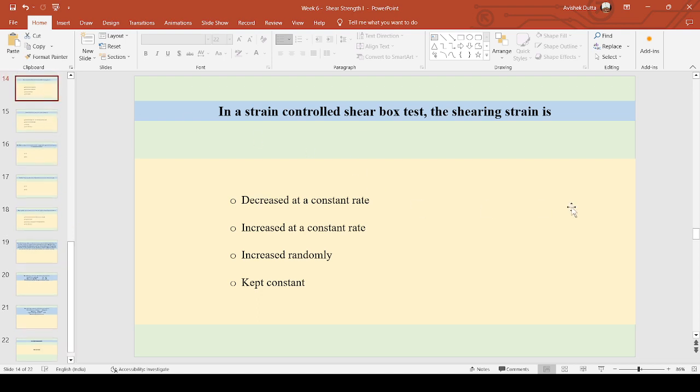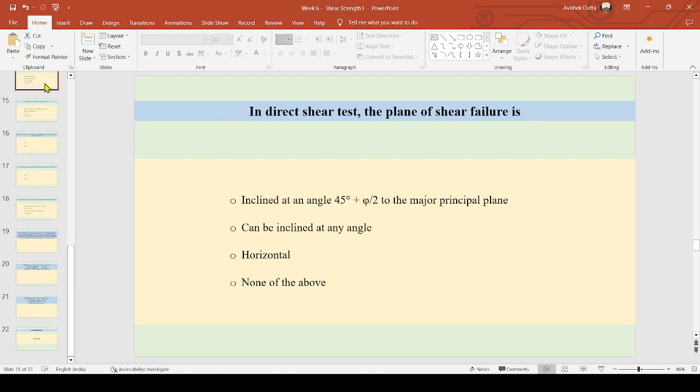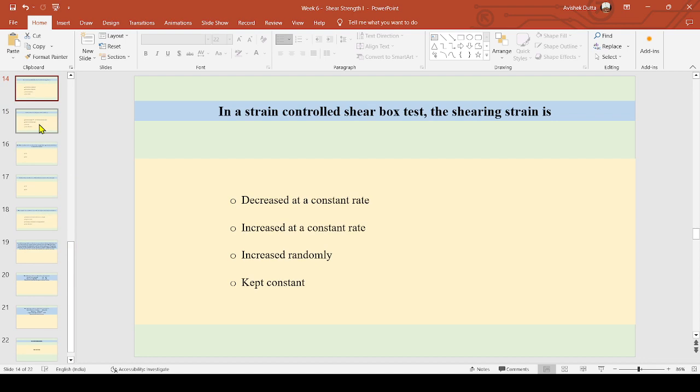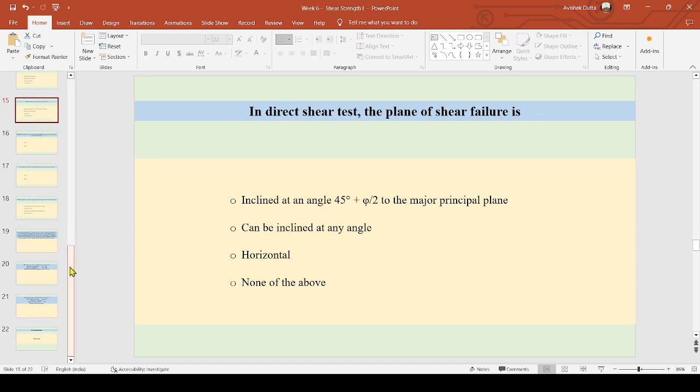Okay, next question. In a direct shear test, the plane of shear failure is, the options are: inclined at an angle 45 degree plus phi by 2 to the major principal plane.